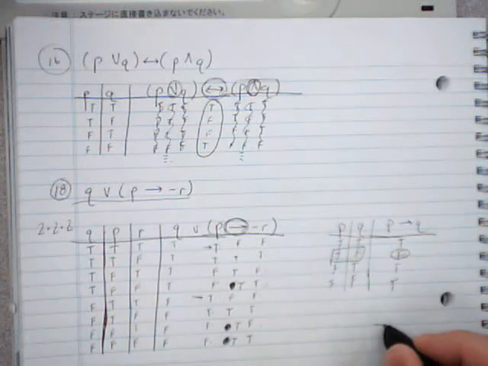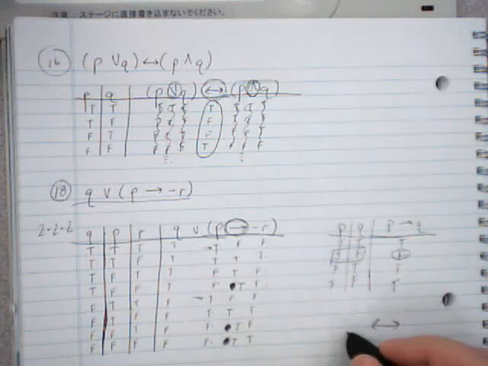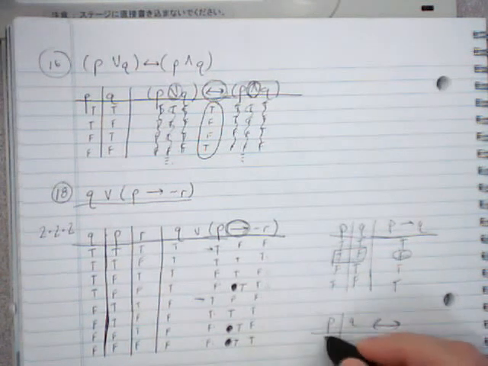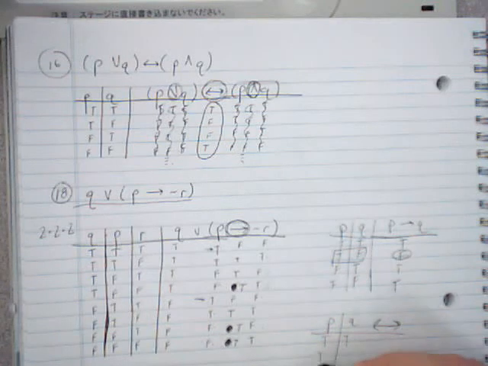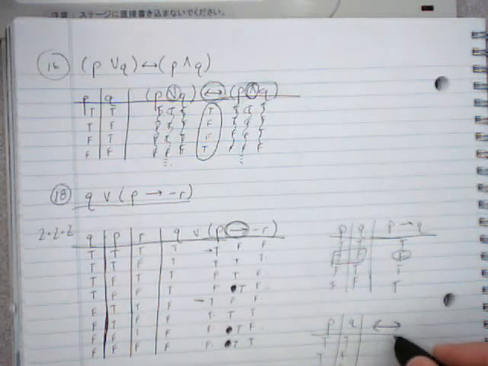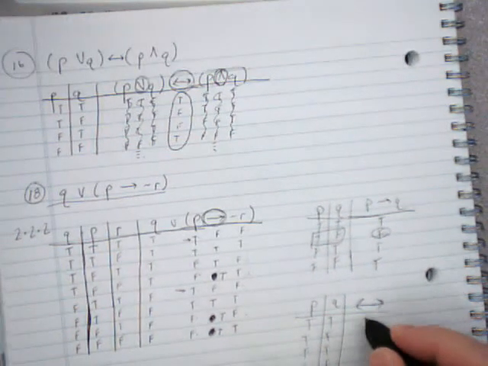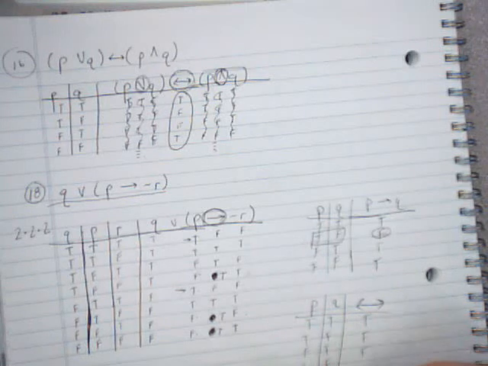If you look at the biconditional one, what's P and Q here? True, true, true, true, false, false. What's the answer for the biconditional here? The double arrows. Well, what gives you trues in those?